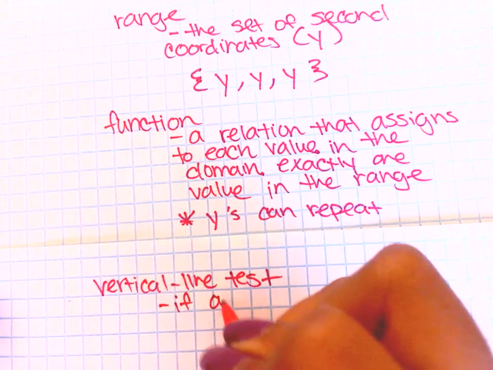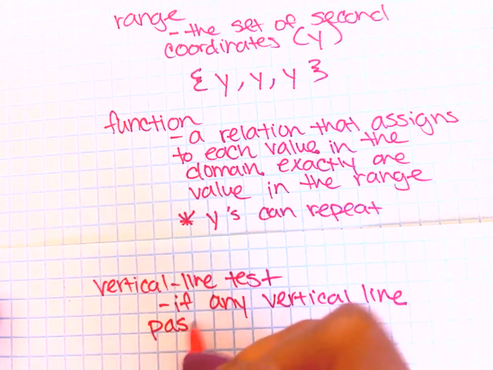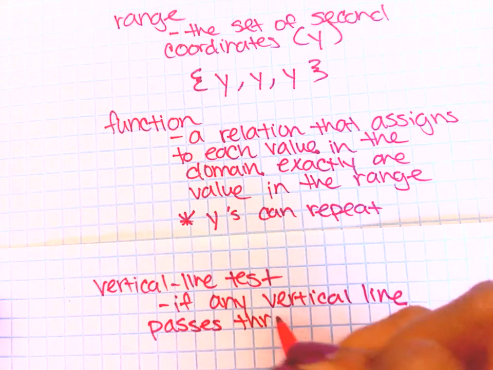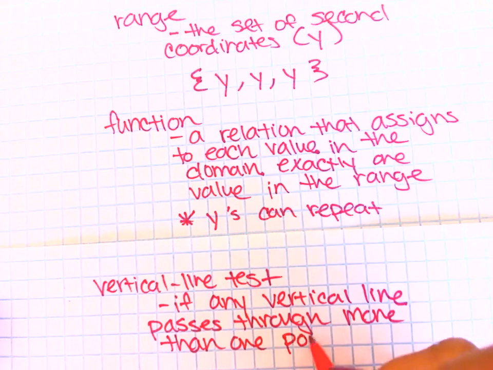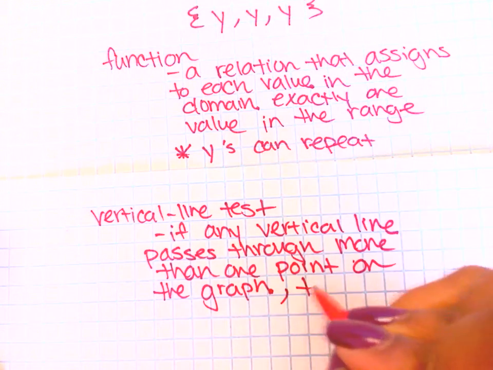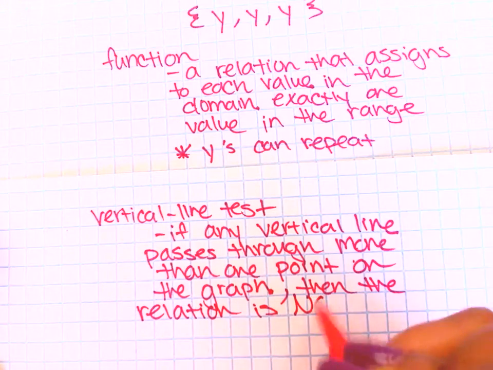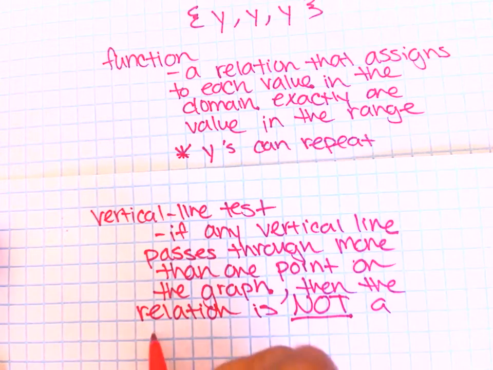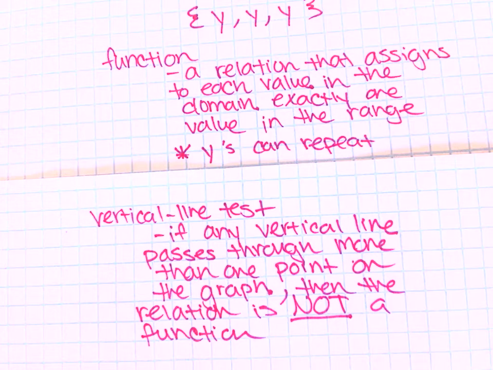This means if any vertical line passes through more than one point on the graph, then the relation is not a function. Make sure everyone's writing everything down.